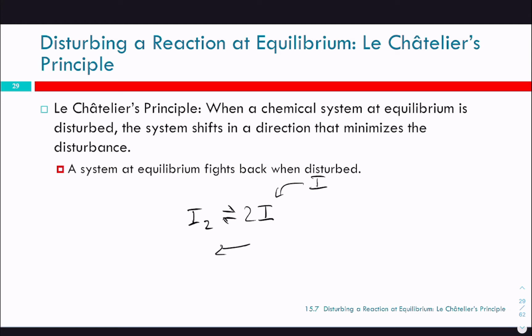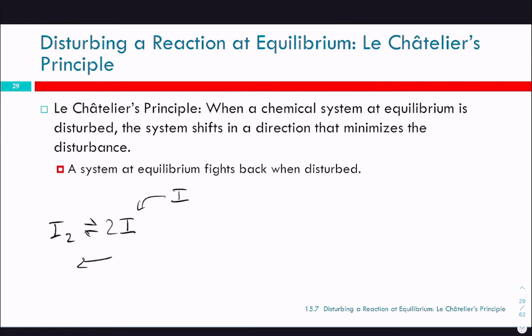Will shift to the left to try and reduce that concentration of the I. If we do the opposite and we add to the left side of the reaction, same reaction here, and we add more I2 instead, that'll cause the reaction to shift to the right.